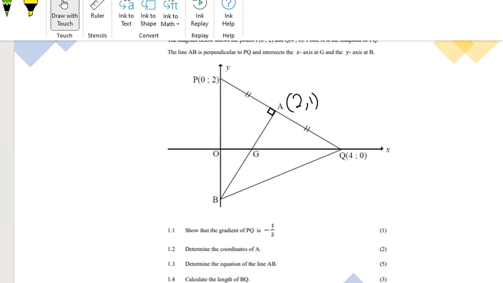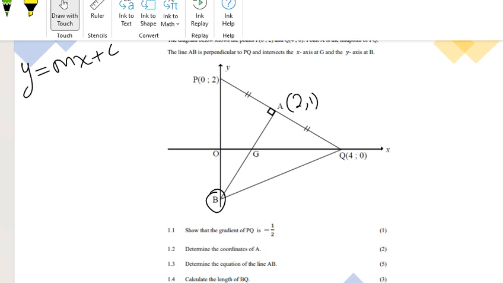Determine the equation of the line AB. This is the line AB. They want us to determine the equation of this line. Oh my god, we don't have the coordinates of B. Remember, this is the equation of a straight line, y equals mx plus c.